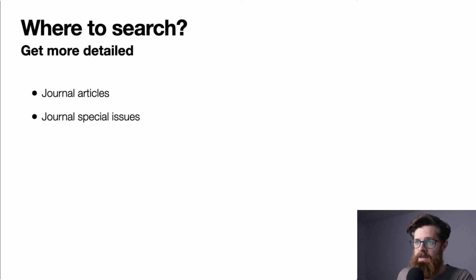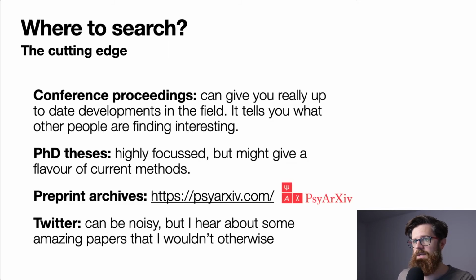This can be striking gold if you're trying to research a particular area and you happen to find a special issue on or highly related to that area. That can be perfect because you just have a whole bunch of papers all highly related to the particular topic that you're interested in.